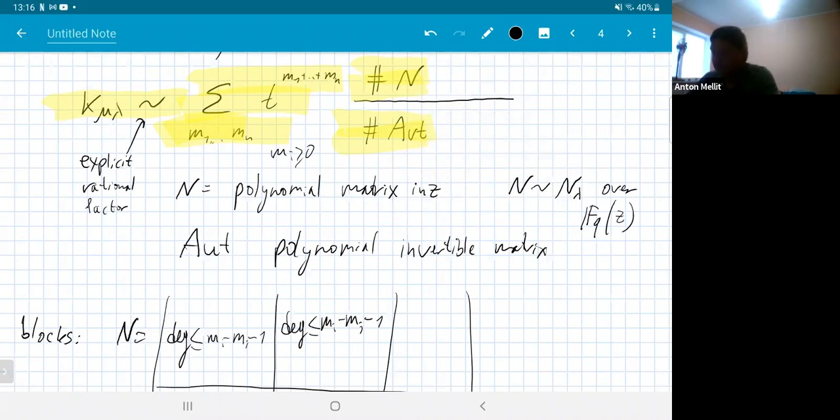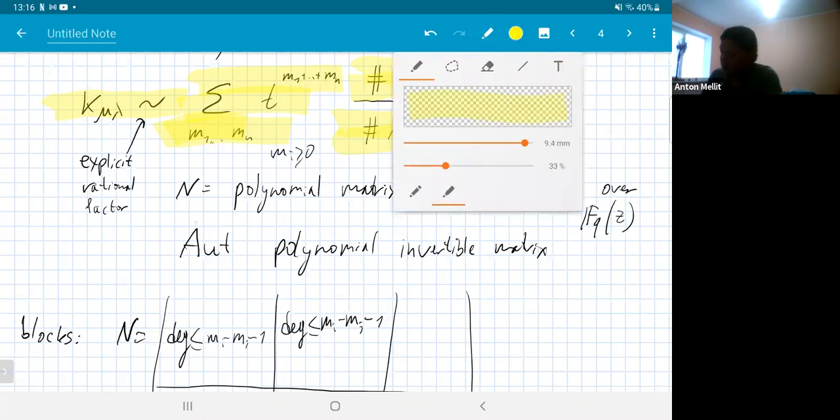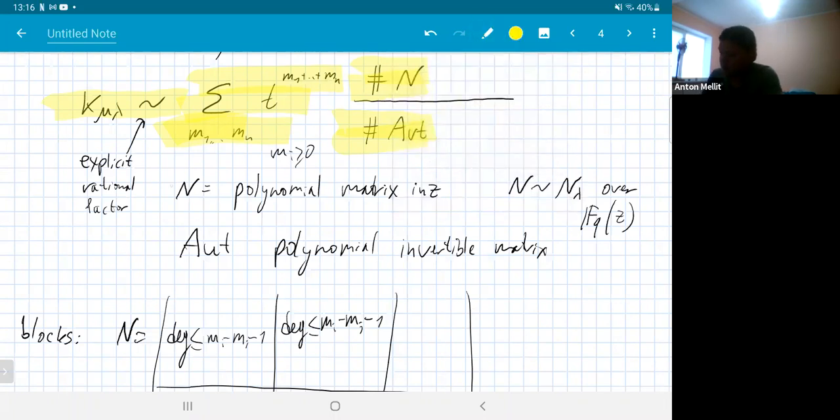This will always be the same, and the rest will depend on q. So what are these n's? The n's are polynomial matrices which polynomially depend on z, and the coefficients are also in the finite field.